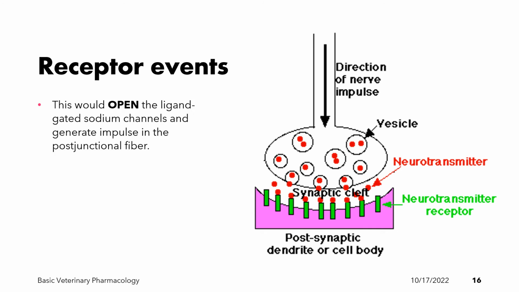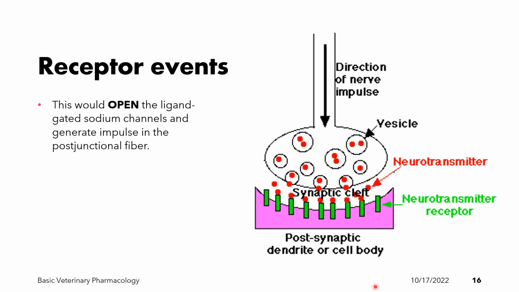After the neurotransmitter is bound to the receptor, this triggers the opening of the ligand-gated ion channels in the postsynaptic cell. Within the postsynaptic cell, there are different types of channels. We have the sodium voltage-gated channel, the potassium voltage-gated channel, the sodium and potassium leak channels that maintain the membrane potential, and the calcium ion channels.